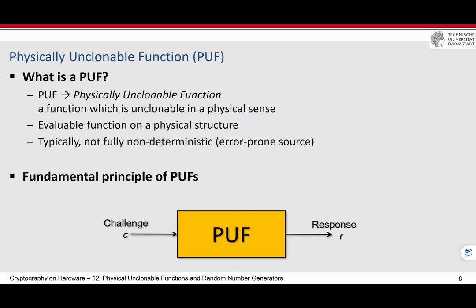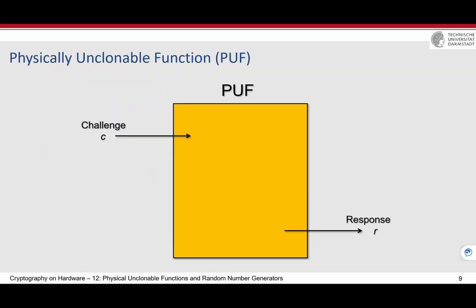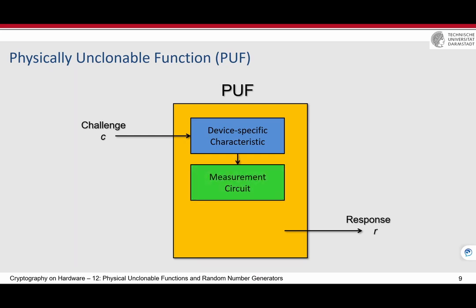This is actually the definition of a PUF. First, the challenge is sent inside the PUF. Then there are some device-specific characteristics. And then there is a circuit inside the device which measures these characteristics based on the challenges.